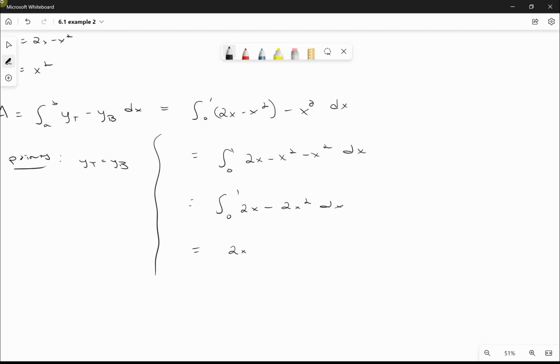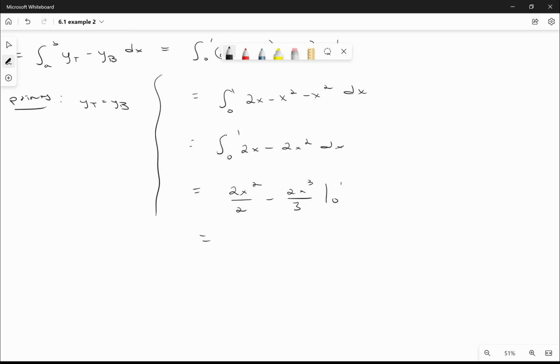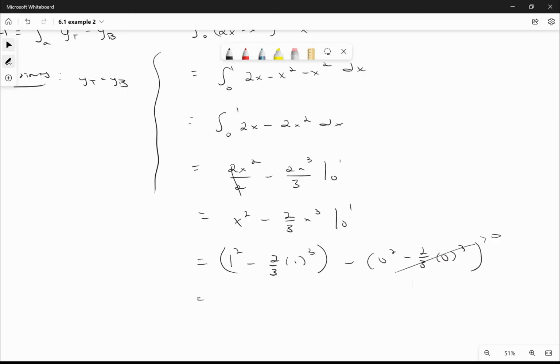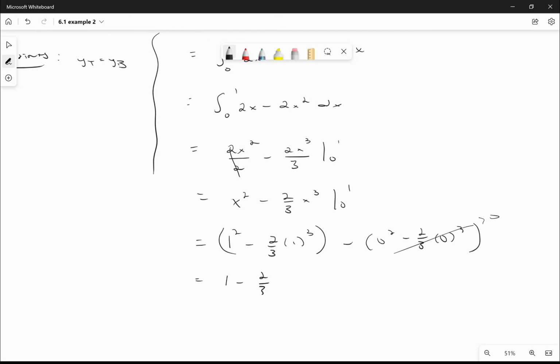And we use our power rule. Right, and then plugging in. First, these cancel here, so I could do that first. This is 1 squared minus 2/3 times 1 cubed, right? Minus 0 squared minus 2/3 times 0 cubed. And we know this whole thing is going to be 0. So this is just 1 minus 2/3, which is, of course, 1/3.